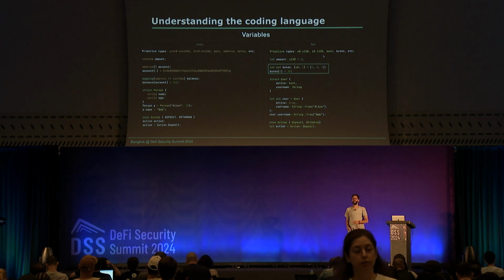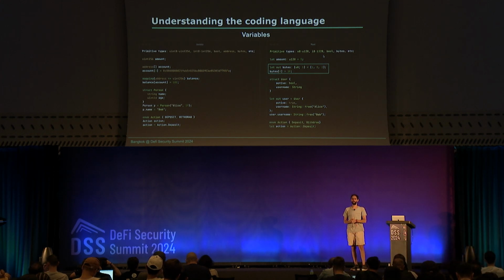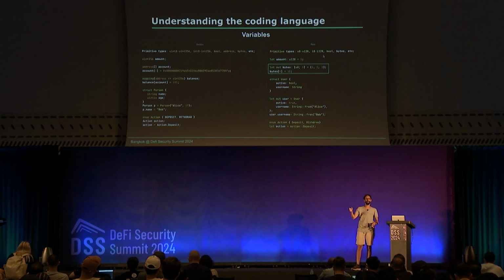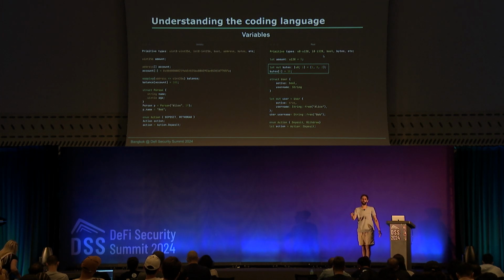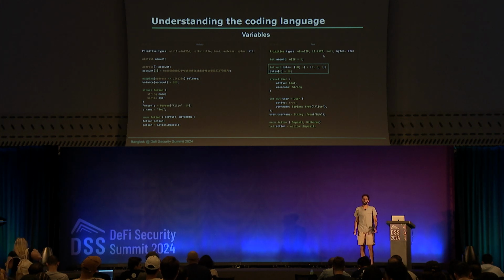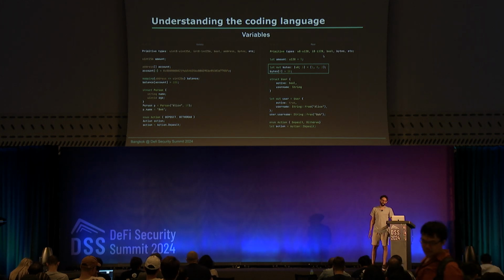If I want to add values to this byte variable, I will need to use the mut keyword. Then I can access any value and index in the array and can change it. Without this mut keyword, if you try to change the variable, you're going to get an error from it.